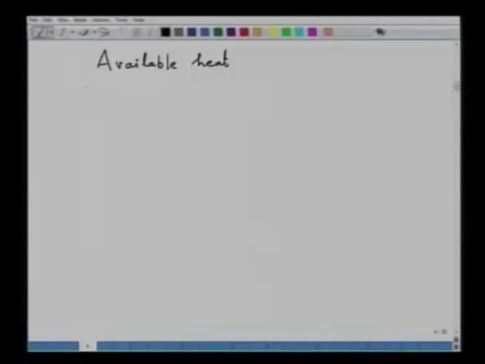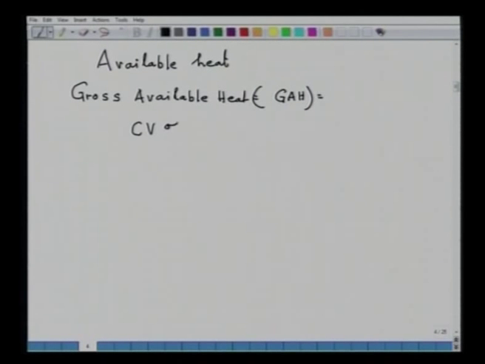So, considering that, we can define the so-called gross available heat, or in short GAH, that is equal to calorific value of fuel, CV of fuel, minus heat to POC.